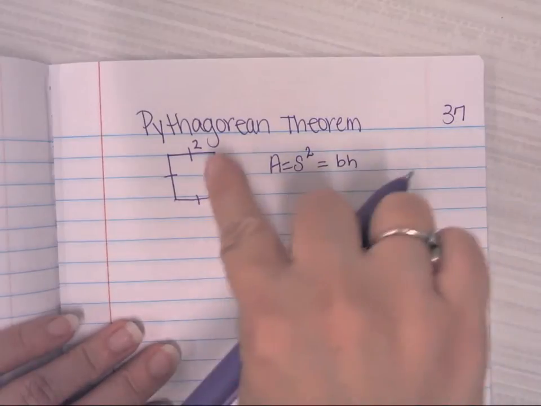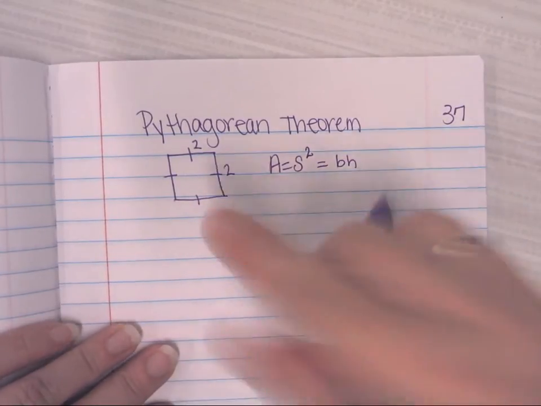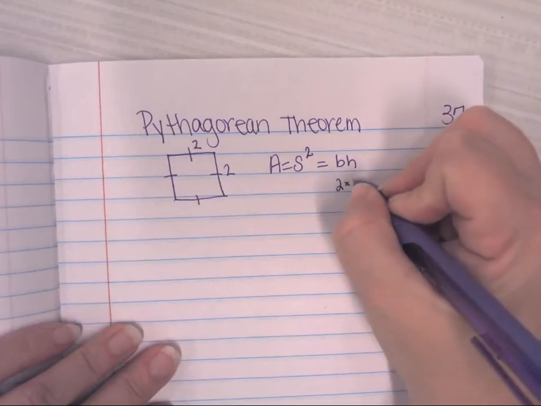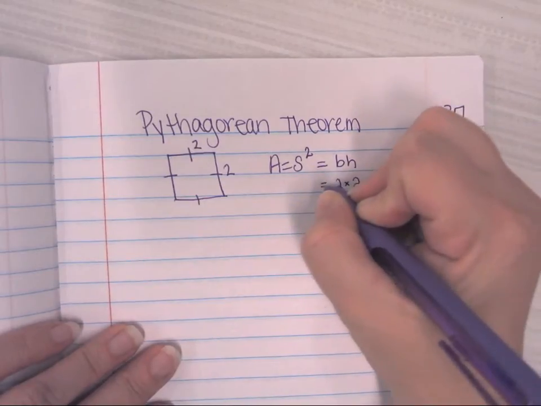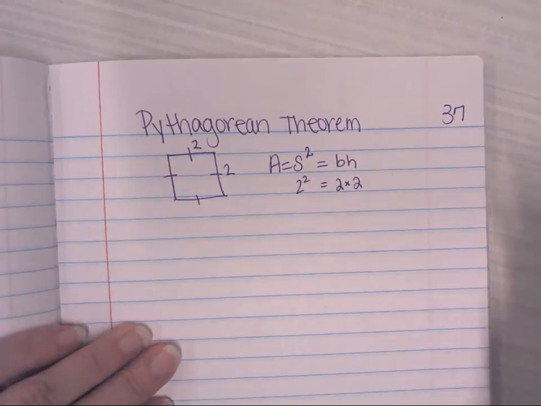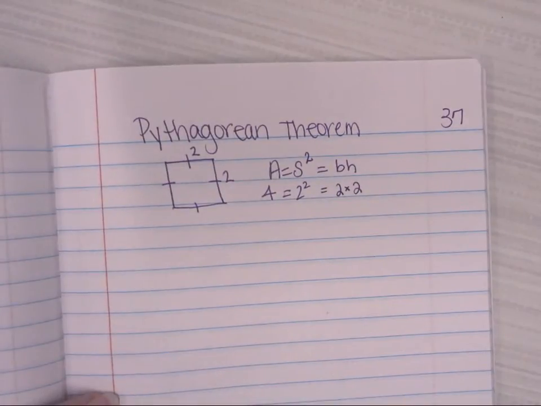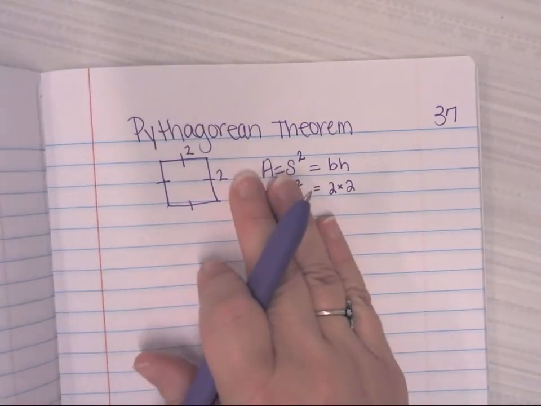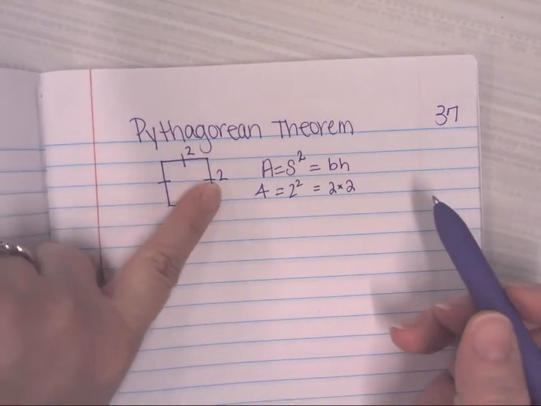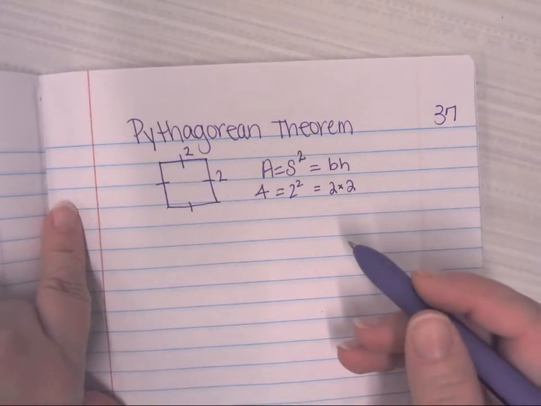It's squared because the sides are the same. So 2 times 2 is equal to 2 squared, which is equal to 4. That means that it's a perfect square, and the sides are all the same.